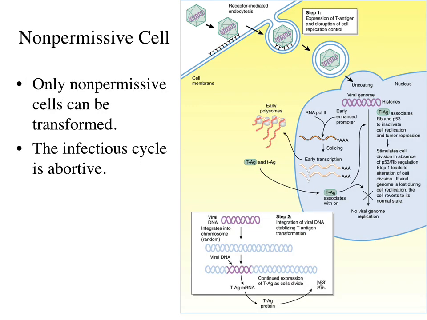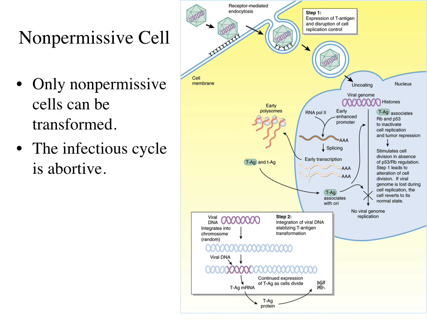When the virus infects non-permissive cells, you get a non-productive infection. And in this case, you have the large T antigen binding with RB and P53.